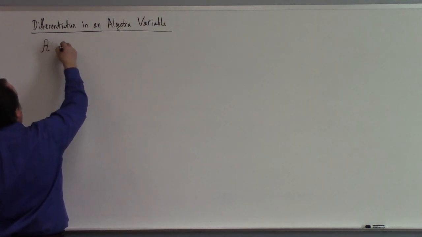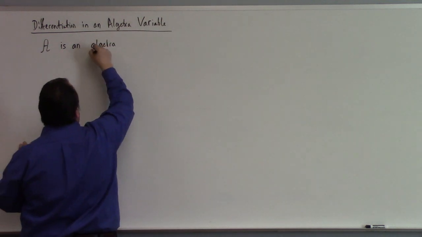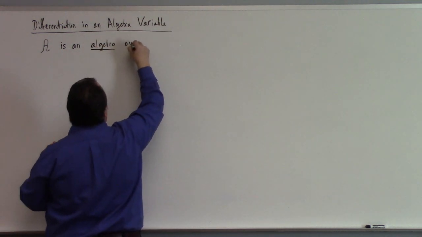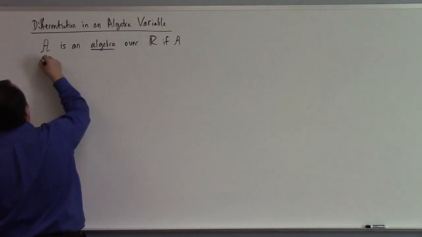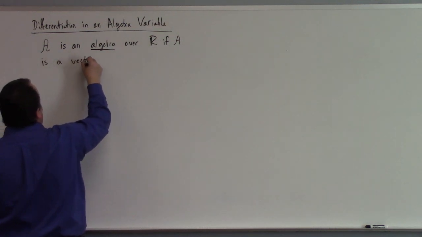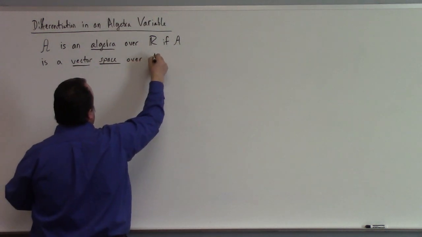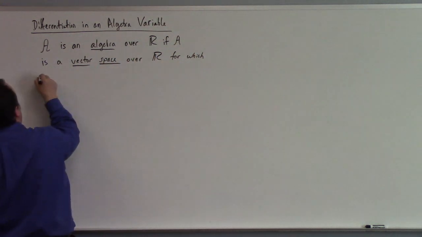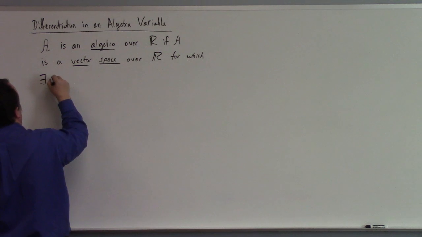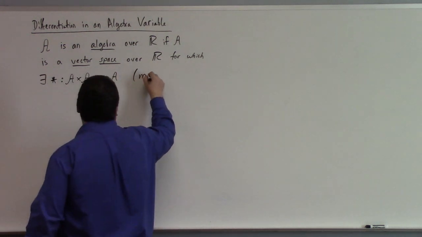A is an algebra over the real numbers if A is a vector space over the reals for which there exists a multiplication, which we're going to call star. Star is a mapping from A cross A back to A again. This is called multiplication.